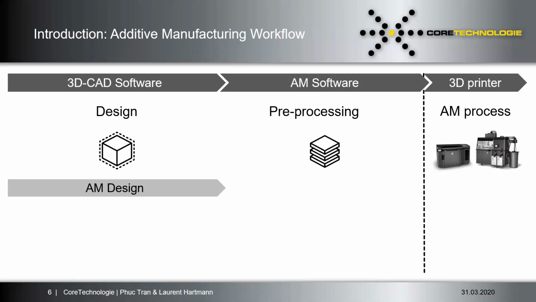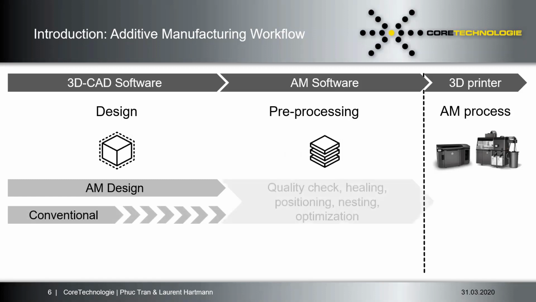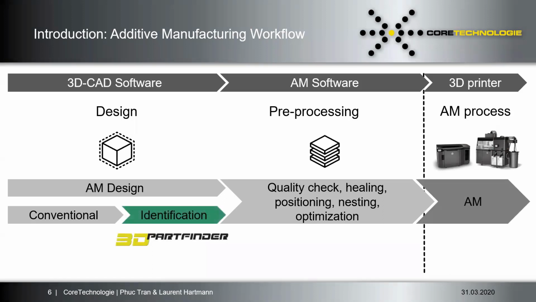so that they are convenient to the additive manufacturing process. Or you start with your designing, which is more optimal for the additive manufacturing. So you have the conventional way and do the quality check, the healing, the positioning, the nesting and optimization of the geometry to get printed.